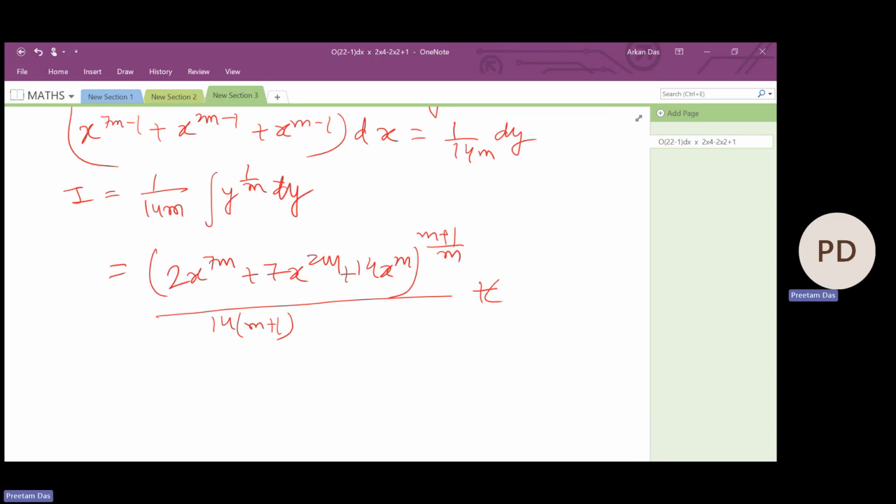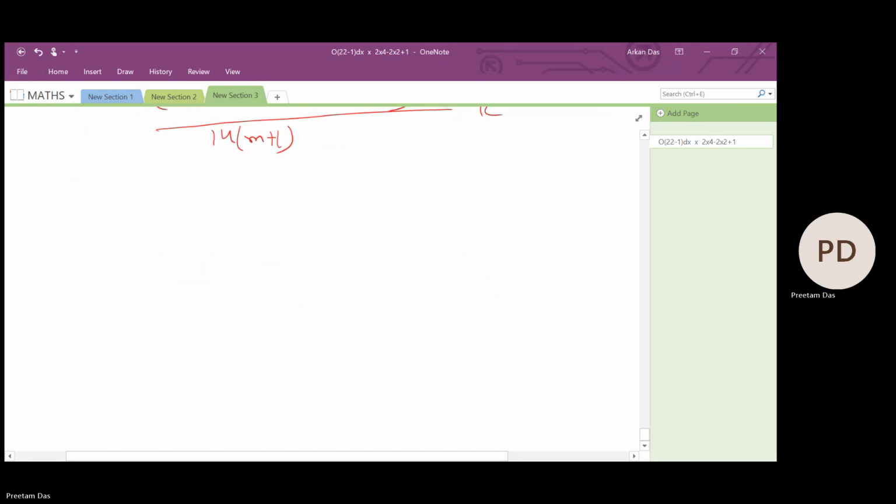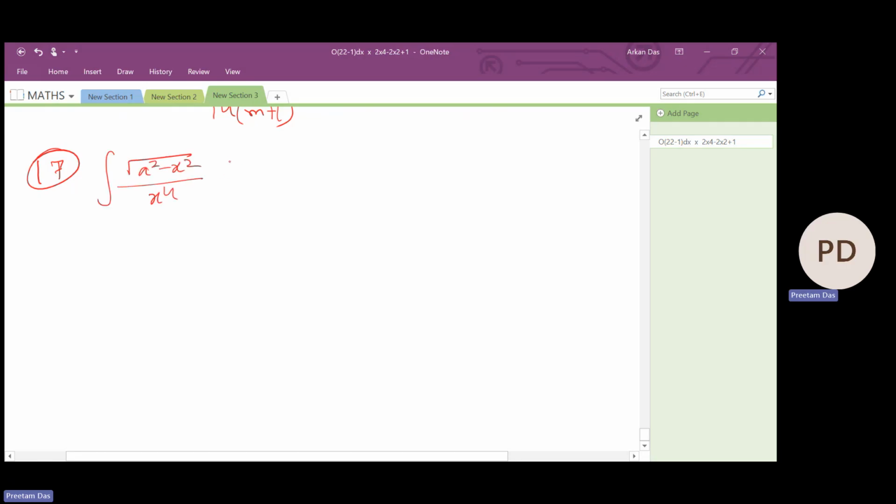Let us go to the next question. What is the next question? 17. So they are asking you this: integration of (a square minus x square) by x raised to 4, dx.